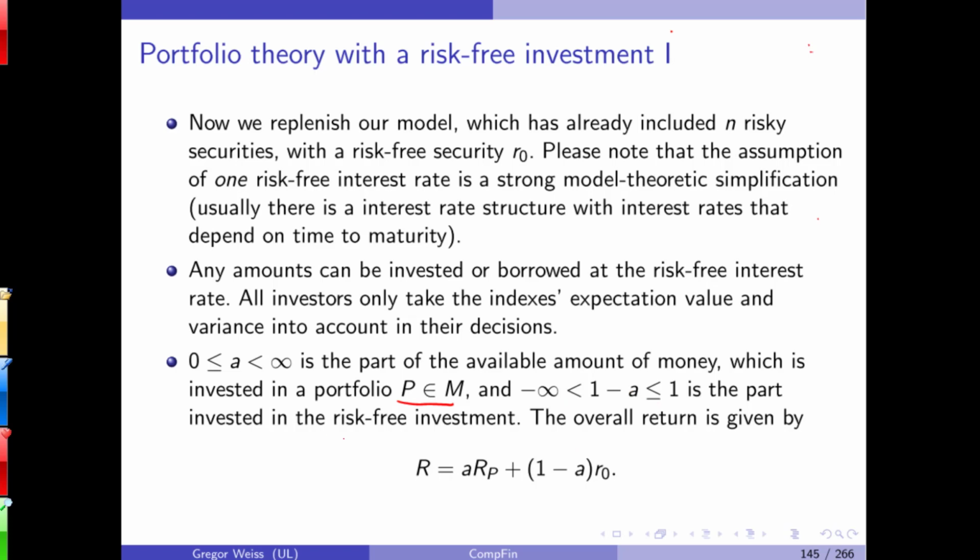So one could also say alpha% of our money is invested in the portfolio, and the rest goes into the risk-free investment. So the overall return is simply A times the return on the portfolio and 1 minus A times the risk-free rate. So this is the portfolio investment, and this is the risk-free investment.